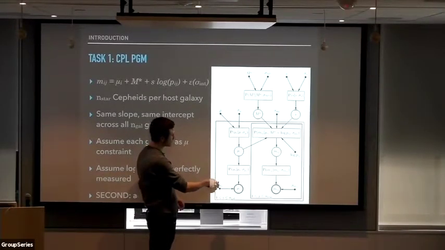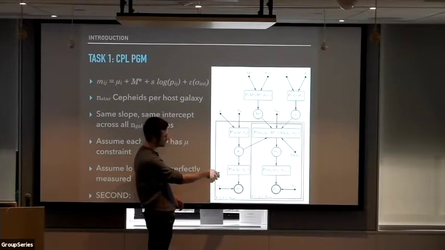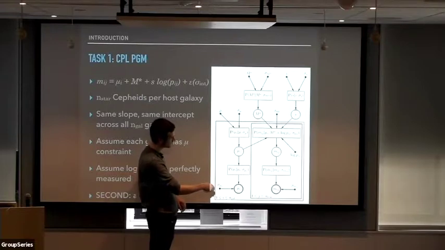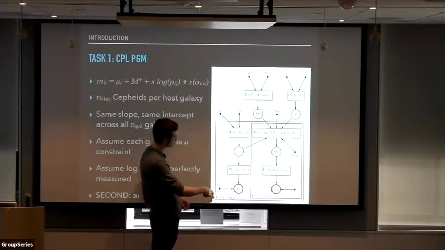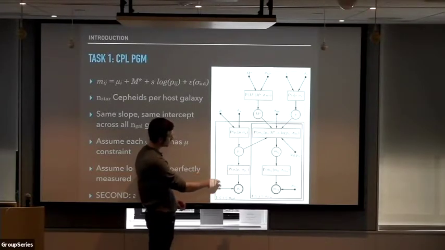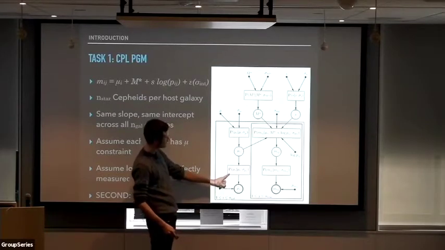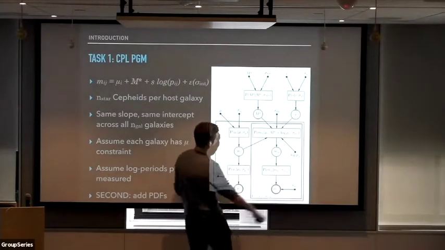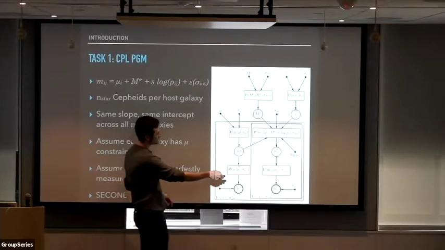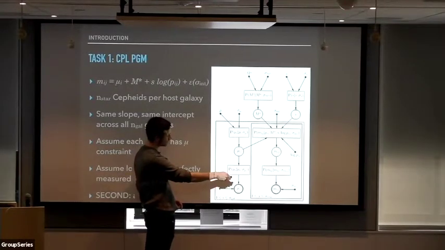So here we have the probability of the observed distance moduli given the true ones and the uncertainty. I've bugged this diagram up, so these links really should go in there. And so then you have your probability of your observed apparent magnitudes given the true ones and those uncertainties.